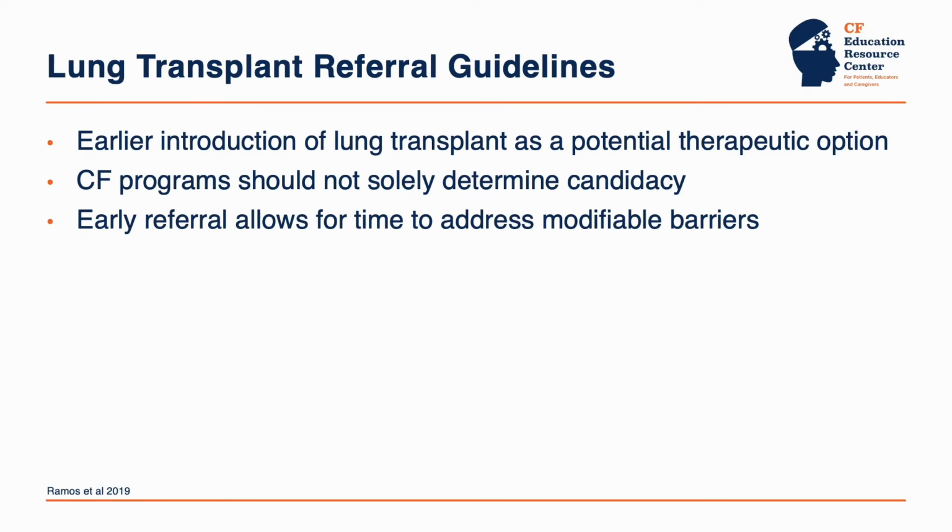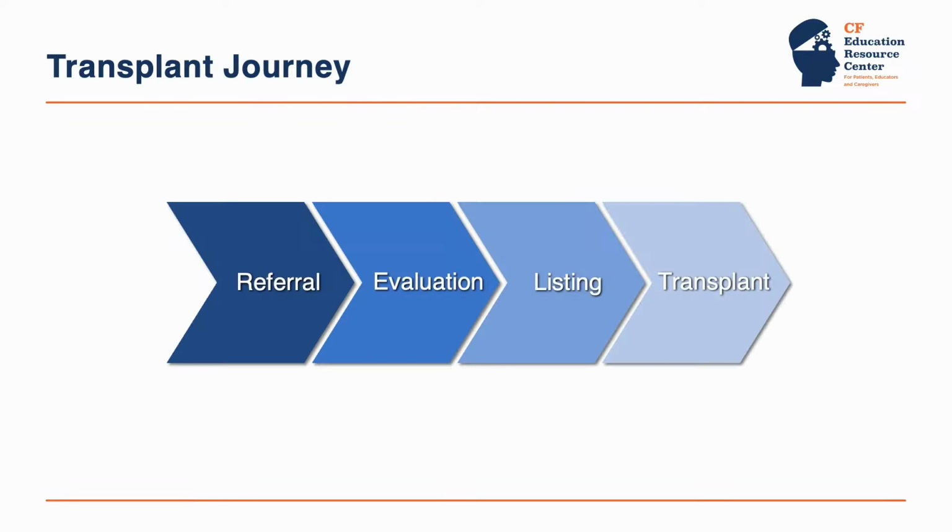It's important to remember that referral, evaluation, and listing for transplant are separate processes. So just because one has a referral for transplant doesn't mean that transplant is going to happen anytime soon. And this schematic highlights the various aspects of what I call the transplant journey. The first step is referral. So records are sent from a CF program to a transplant program.